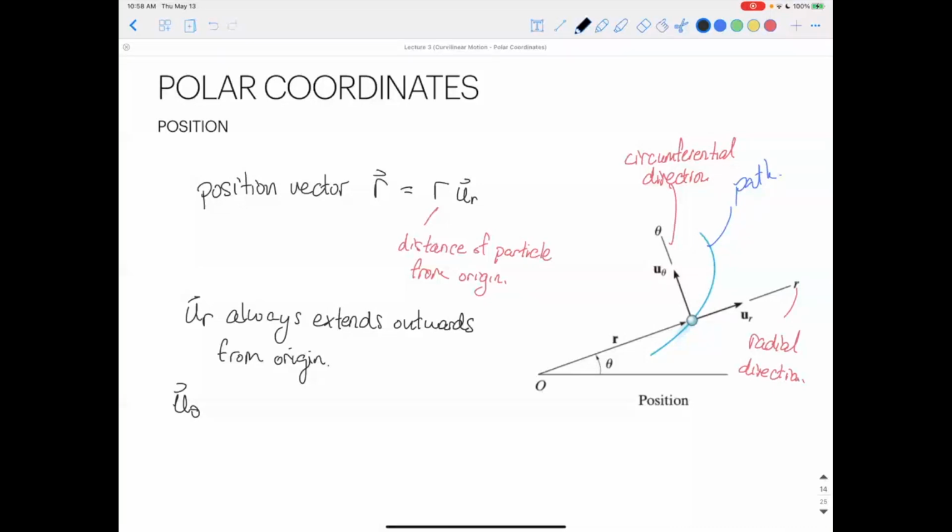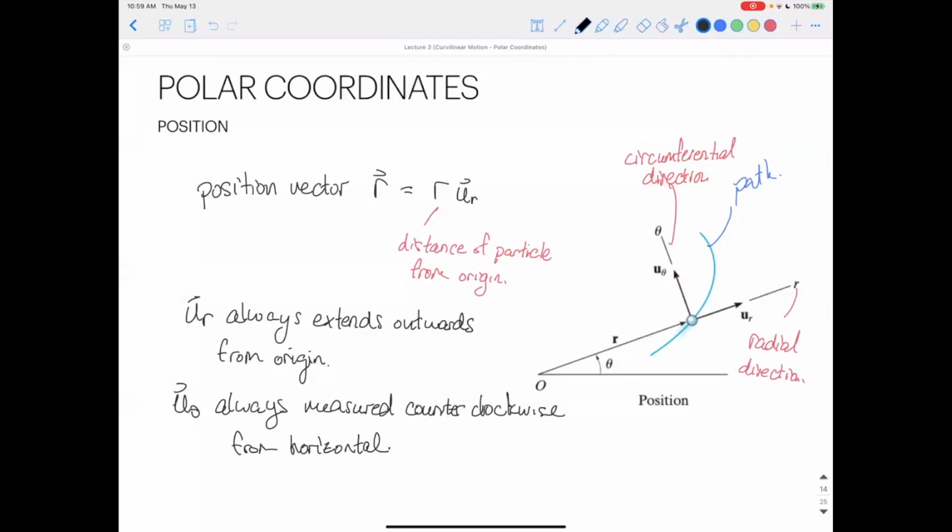And then u theta is always measured counterclockwise from the horizontal. So our position vector is just that.